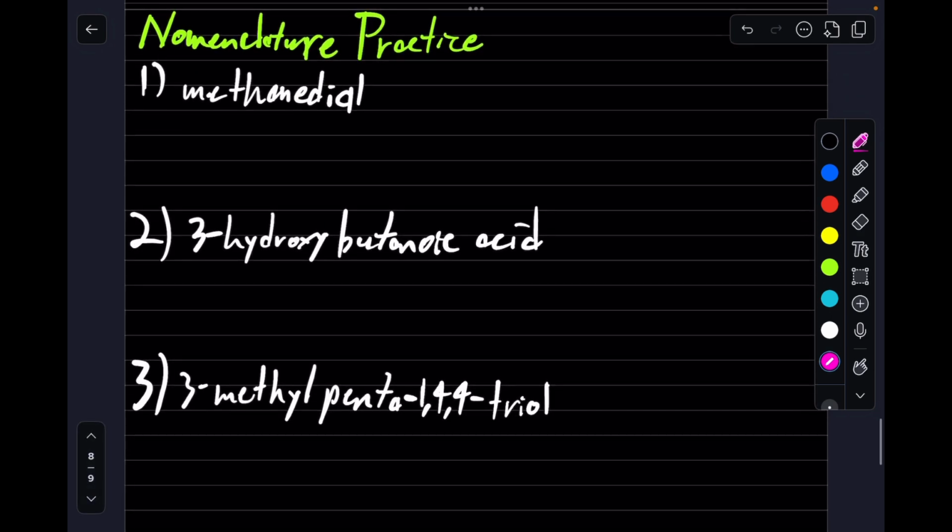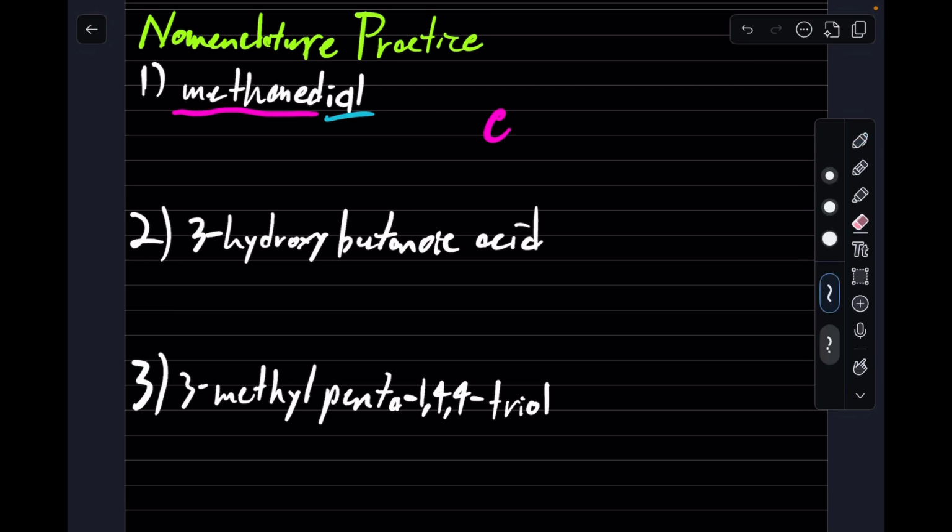Now let's just look at some drawing practice. Let's draw the main chain. So first, starting off with 1, the main chain is just the carbon. And we have diol.